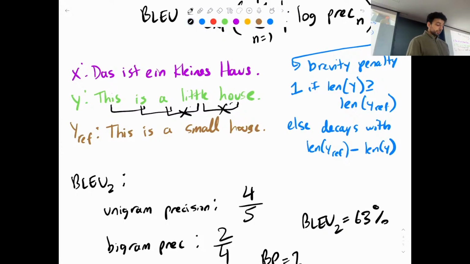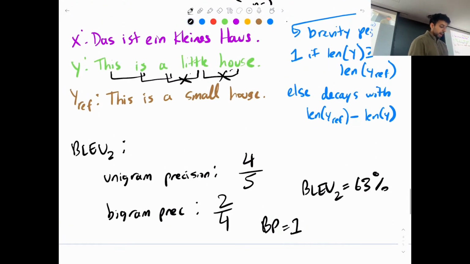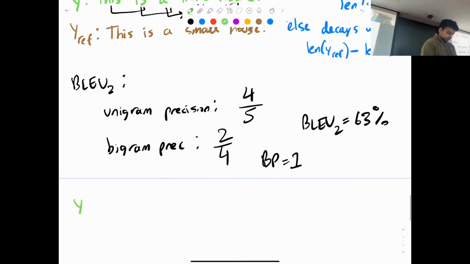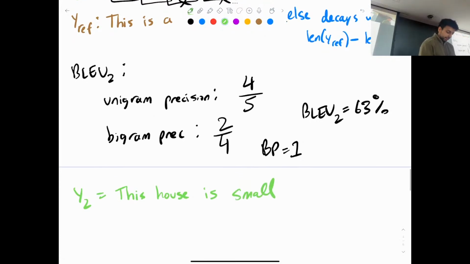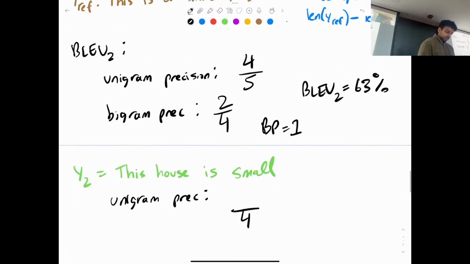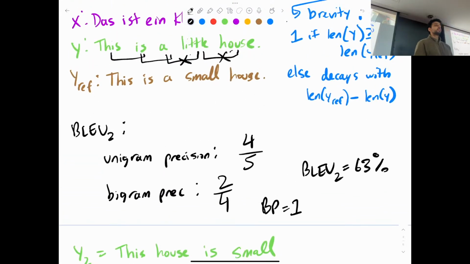So what I did want to do is discuss some of the drawbacks of this method. So let's say I have another candidate, y2 equals this house is small. So here, if I compute unigram precision, my candidate translation has 4 words, and all 4 words occur in the reference, right?